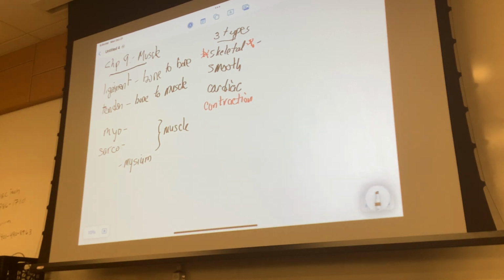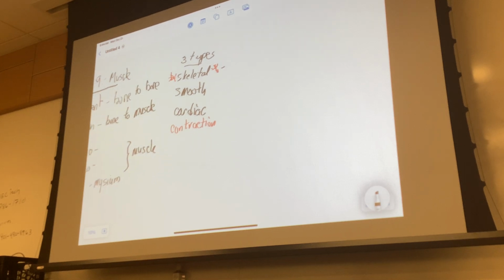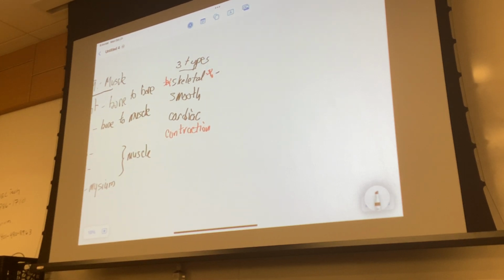So now, in terms of the characteristics of muscles, skeletal muscle is striated and voluntary.